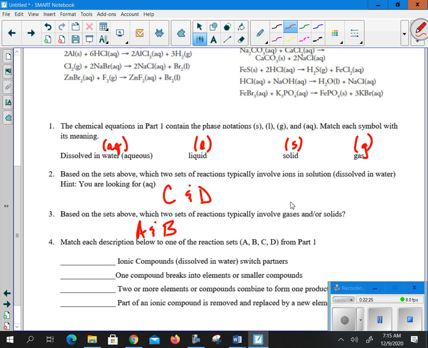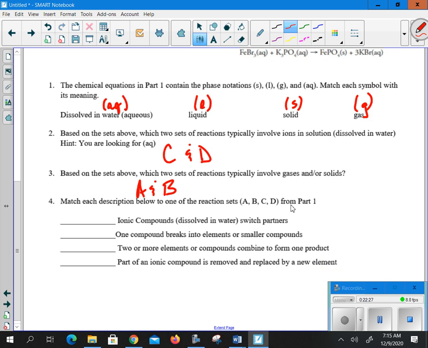Okay, then just match each type with the description. Ionic compounds dissolved in water switching partners: if they're switching partners, that's double replacement, which is set D. Then when one compound breaks into elements or smaller compounds, the key words are one compound breaks into.